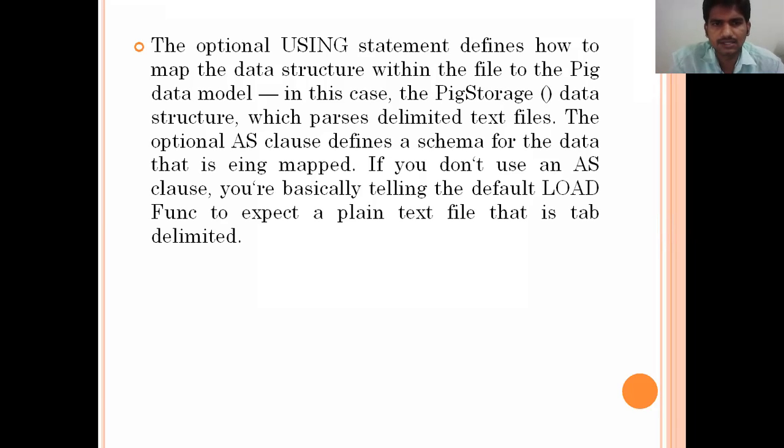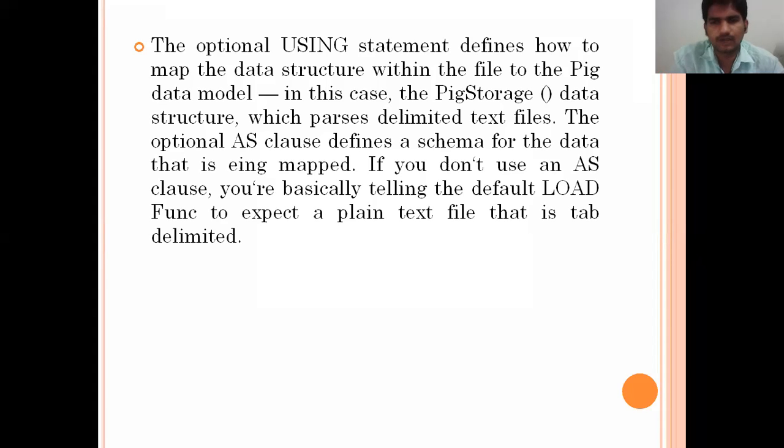The optional AS clause defines a schema for the data that is being mapped. If you don't use the AS clause, you are basically telling the default load function to expect a plain text file that is tab delimited.